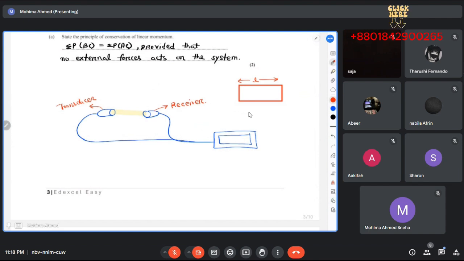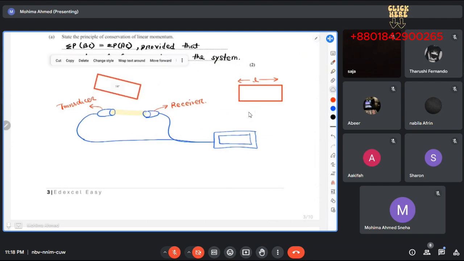The width and the height don't matter, only the length matters for your time calculation.